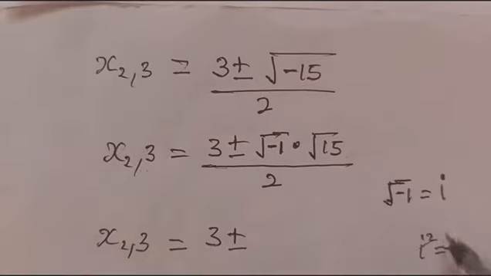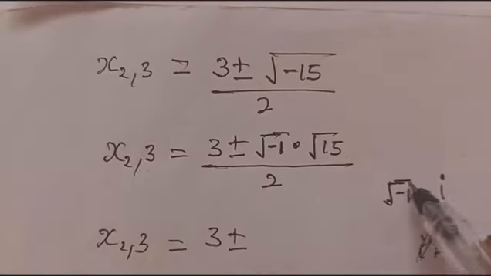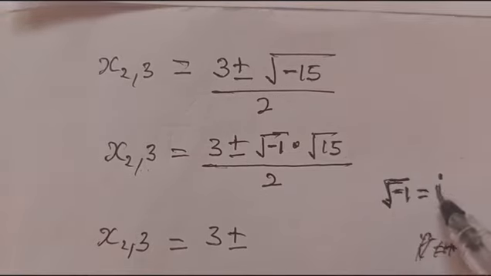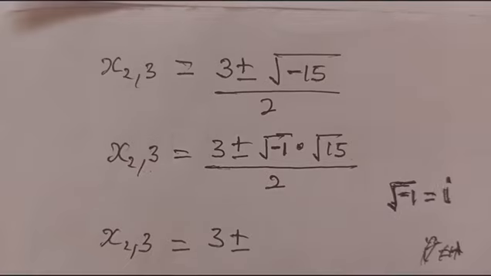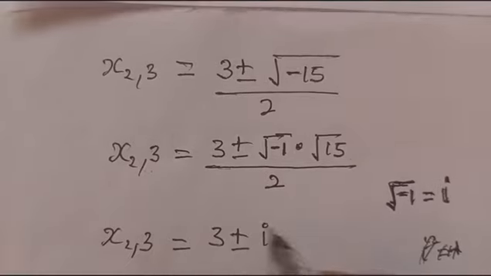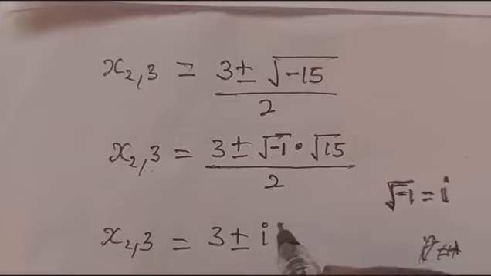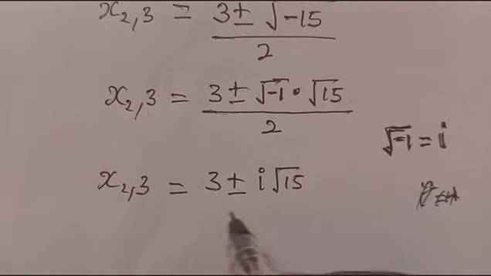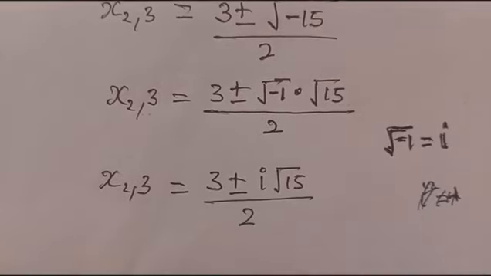So this is what we are going to use. Square root of minus 1 will give us i as a complex number. So we are going to have i square root of 15 divided by 2.